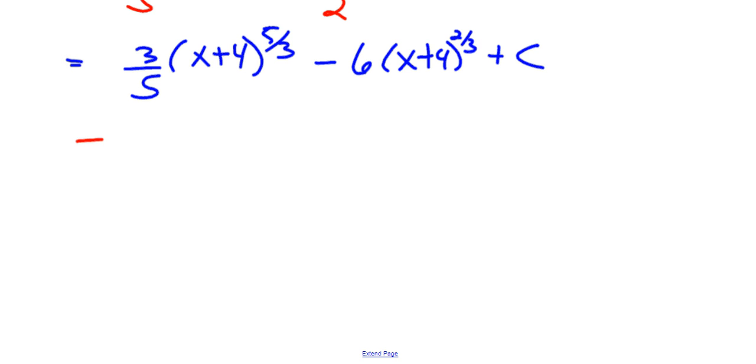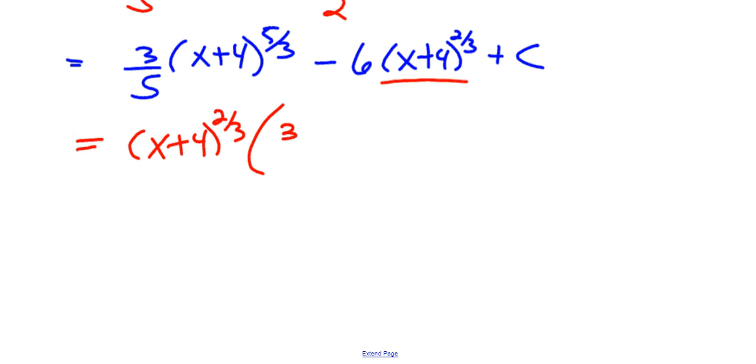So I'm going to do this once, and then I'm going to show you the other method. What I'm going to do here is pull out a GCF of (x plus 4) to the 2/3. That's the smallest amount I can do GCF for the two terms. So I'm going to have (x plus 4) to the 2/3 times, and then I'm going to have 3/5.